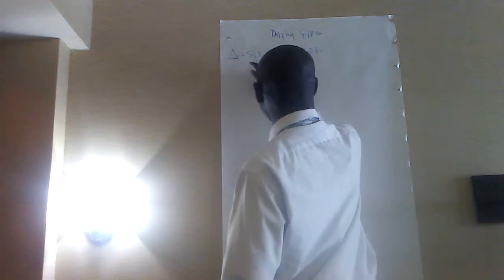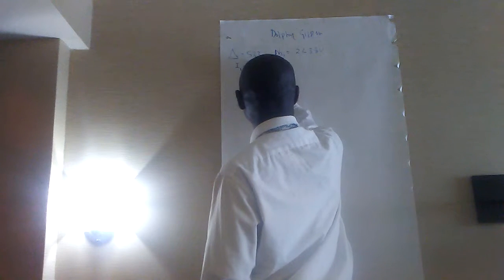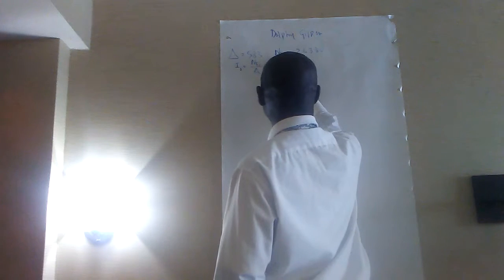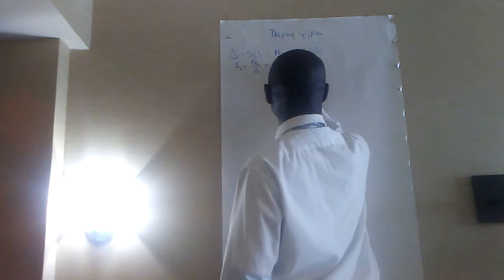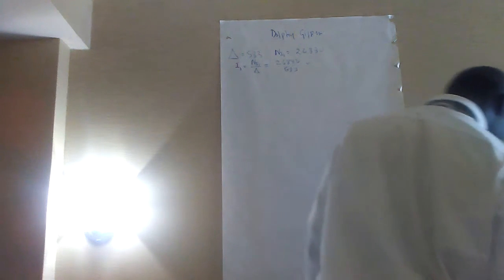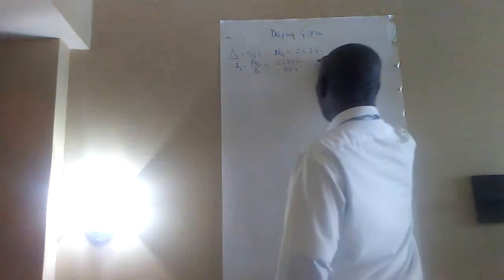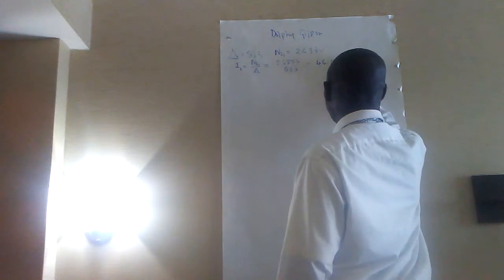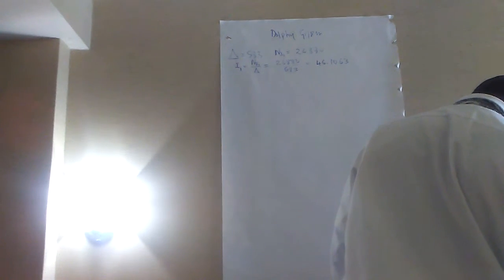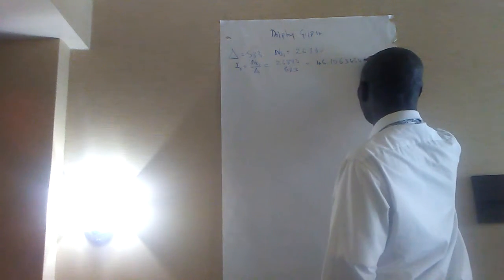So now we said that I1 is equal to NI1 over delta, and that's equal to 26,880 over 583. And here we got 46.1063.